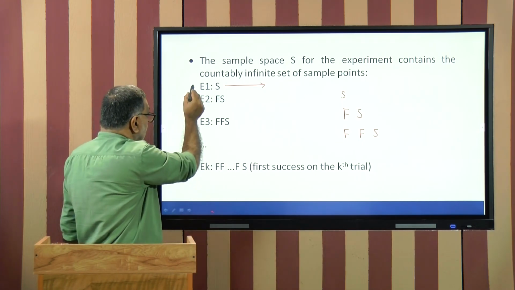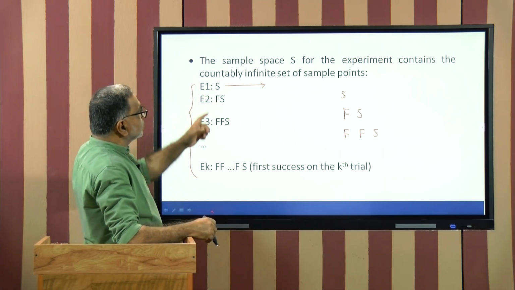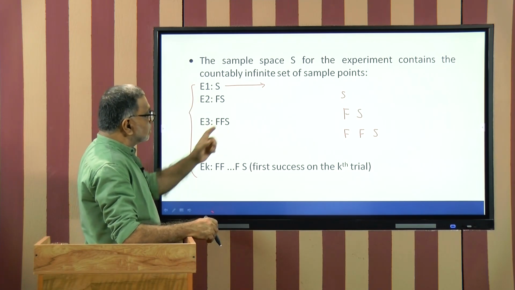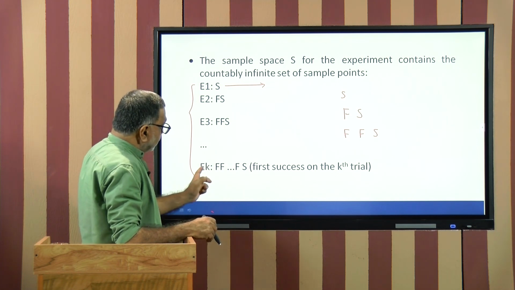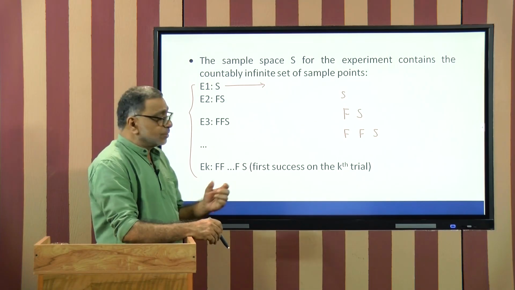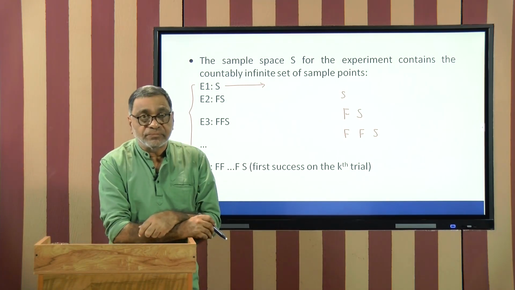So, we are performing the Bernoulli sequence of trials until a success is obtained. That means our events are like this: success, or failure then success, or failure failure success, etc. And suppose you consider Ek, where the kth trial is our success, so all the previous trials resulted in failure.